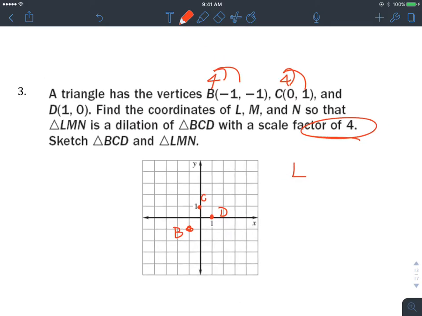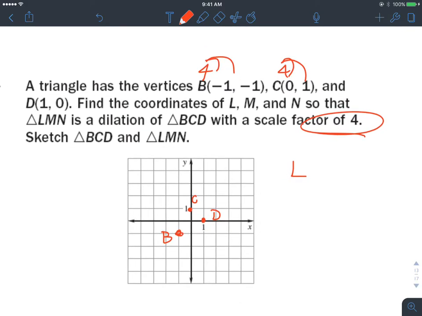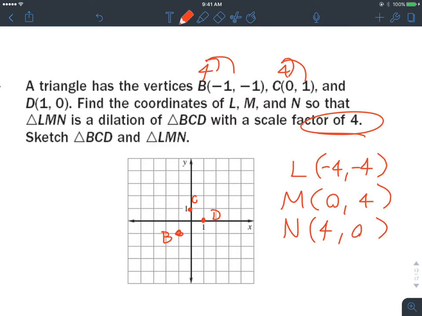So L, I guess, was going to correspond with B. So L is going to be -4, -4. Okay. I guess we need to use the correct letters. M is taking the point C and multiplying that by 4, so that'd be 0, 4. And then that last one, N, was taking D and multiplying by 4, so 4, 0.